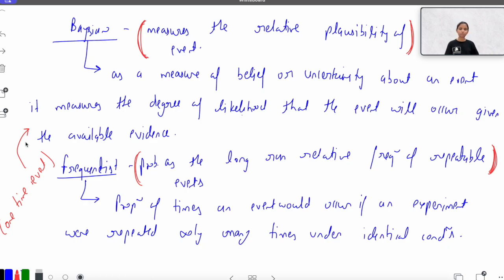I've already discussed this one, it's a one-time event, because in the next match the opponent team would mostly be different. Maybe some players in the team have been replaced, so the match would not be the same, because frequentist clearly says that you have to perform the experiment under identical conditions. So in the next match, you will not have the same conditions as you are having in this match. So for a one-time event, it is better to go with the Bayesian point of view.